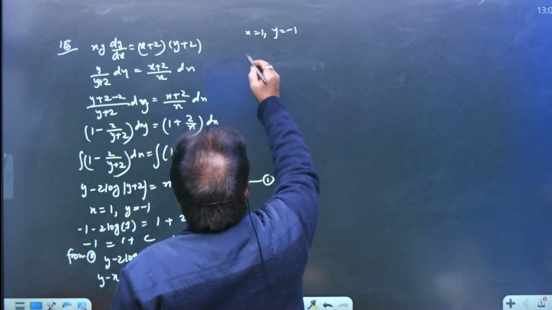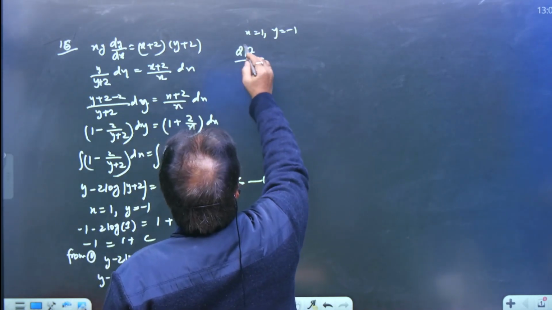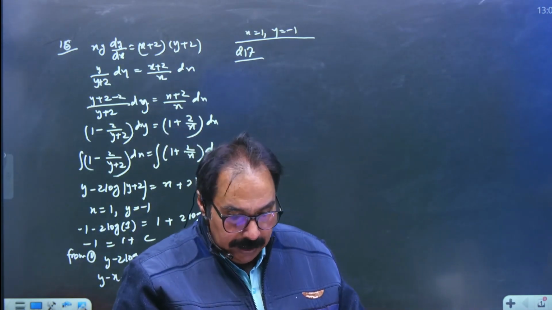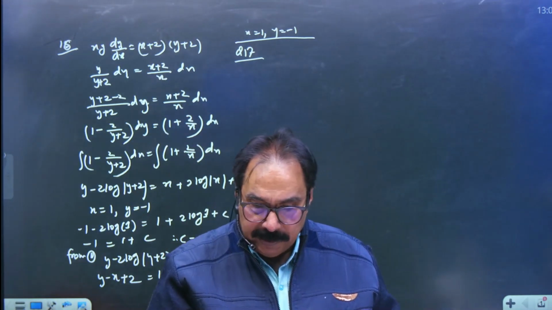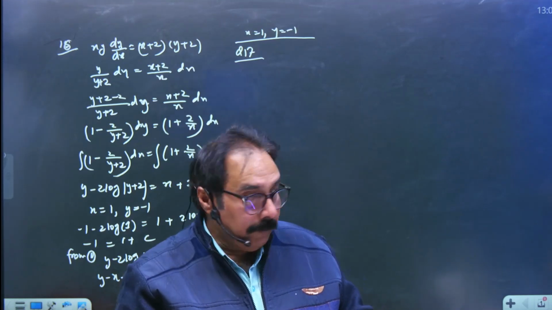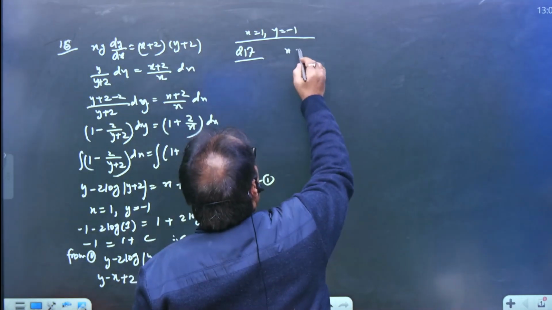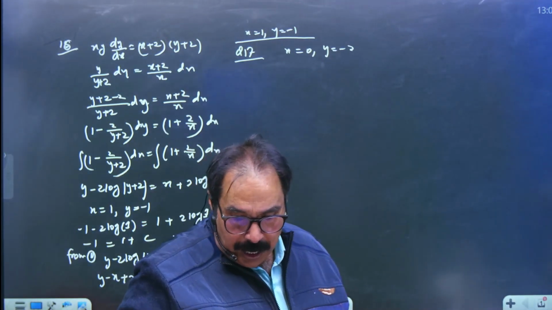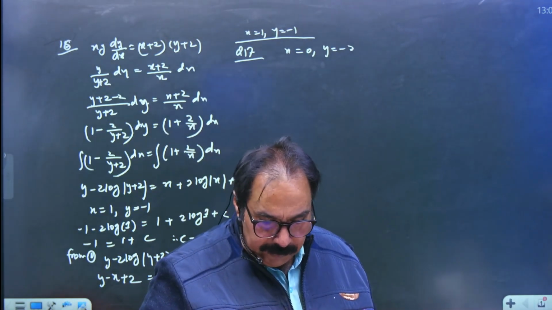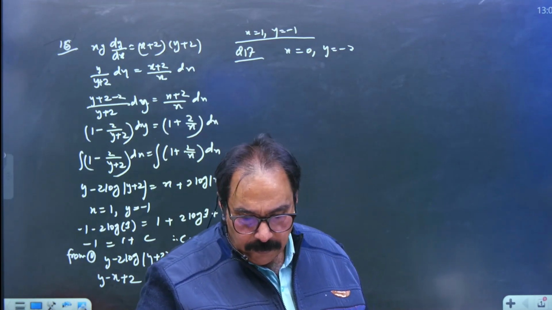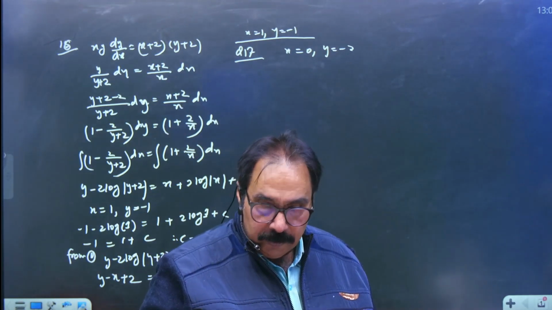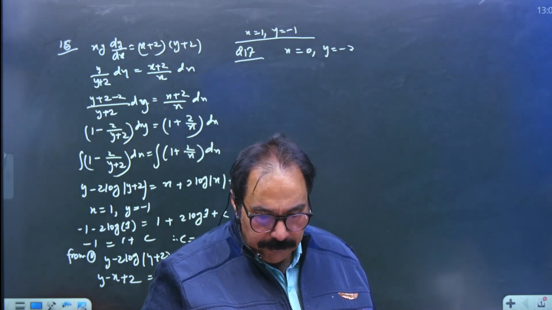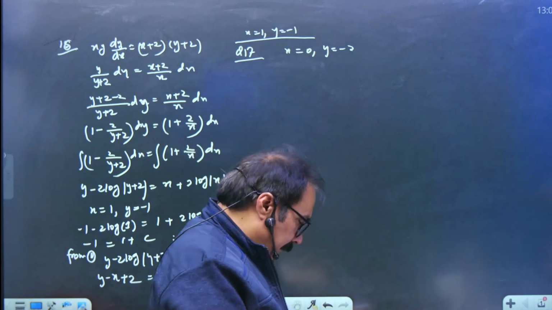Okay, now the next question is question number 17. A statement is given: find the equation of the curve passing through the point 0 and minus 2, means the value of x is 0 and y is minus 2, passing through this point, and given that at any point x, y on the curve, the product of the slope of the tangent, so slope of the tangent means dy by dx, and the y coordinate of the point is equal to the x coordinate of the point.